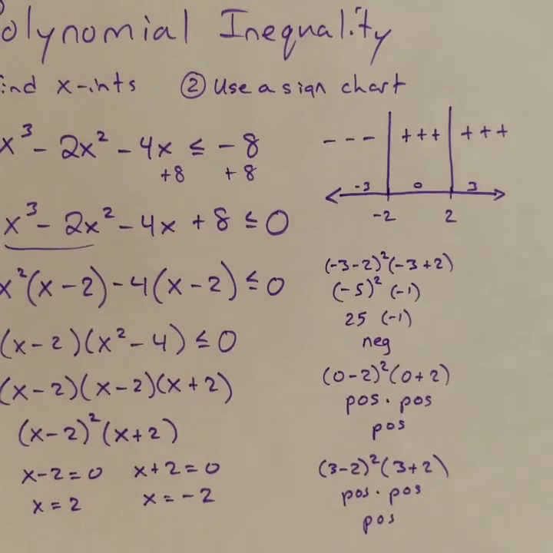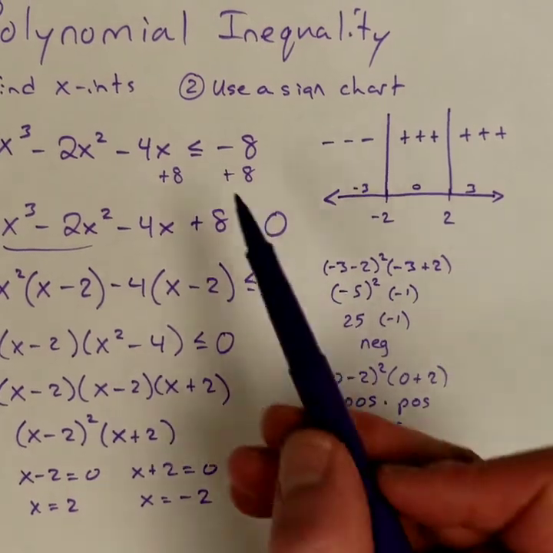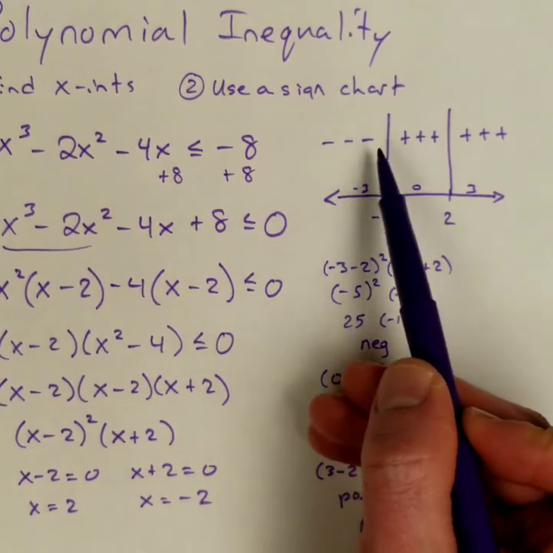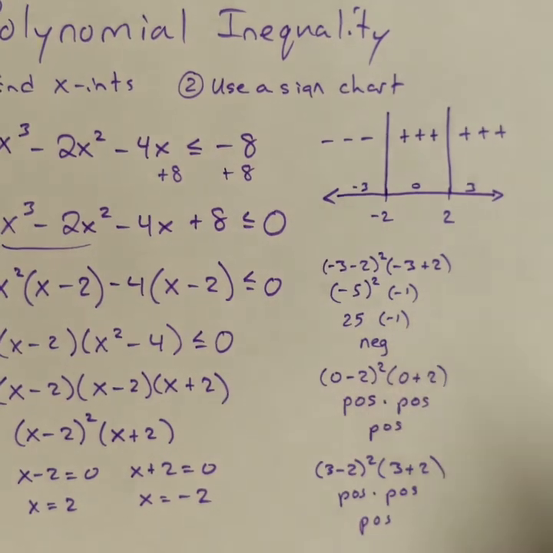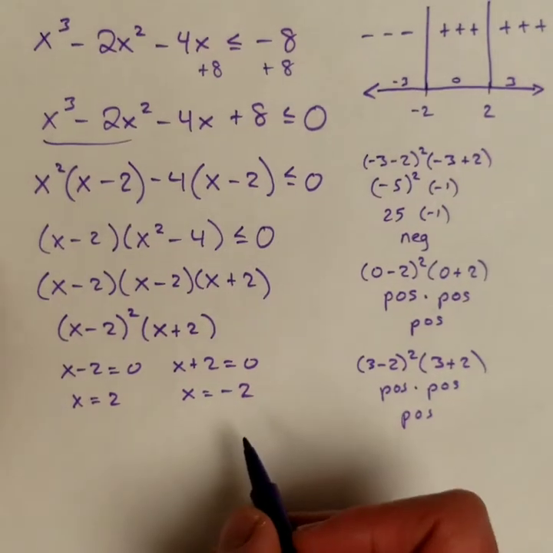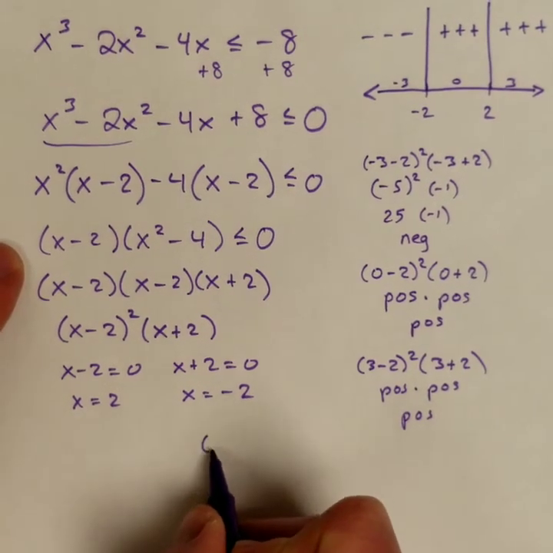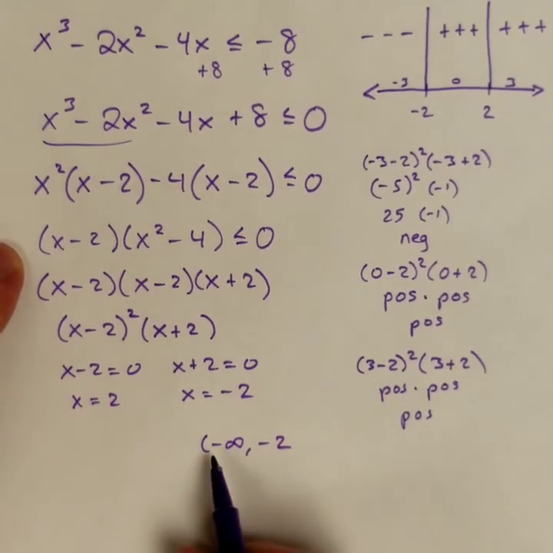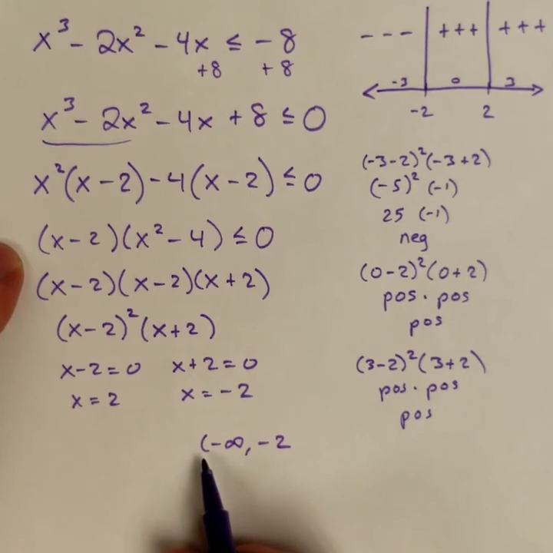Now I'm looking for negative outputs because I want to know where the polynomial is less than 0. So I want this interval on the left: negative infinity to negative 2. And so we'll go down here. Negative infinity to negative 2 is the interval I'm looking for. Parenthesis always goes on the negative infinity.